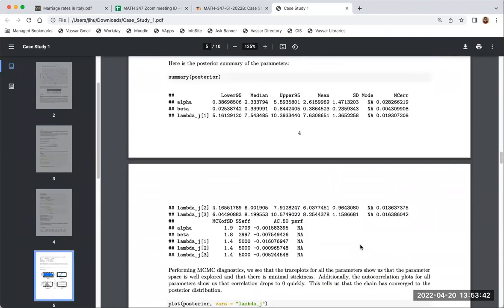After running JAGS, maybe we can use the MCMC function to get those 5,000 draws of lambdas 1, 2, 3.